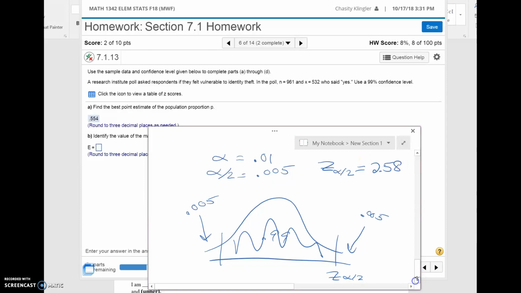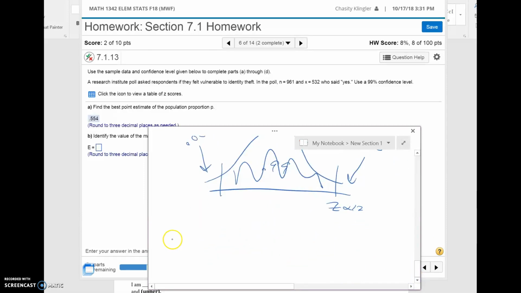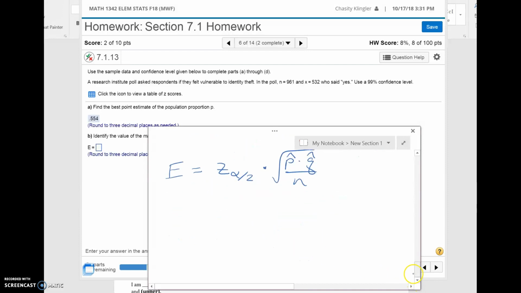We're going to use our formula to find error, which is z alpha divided by 2 times the square root of p hat times q hat over n. So we've got 2.58 times the square root. Our p hat was 0.554.